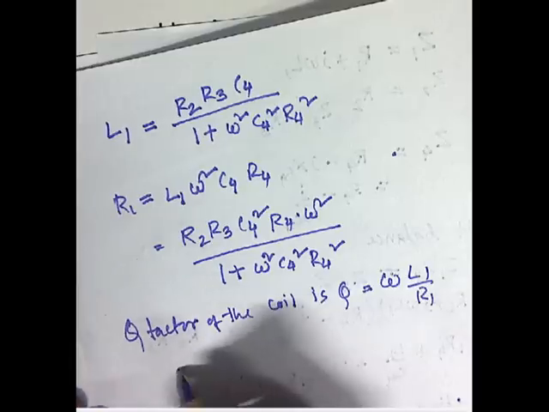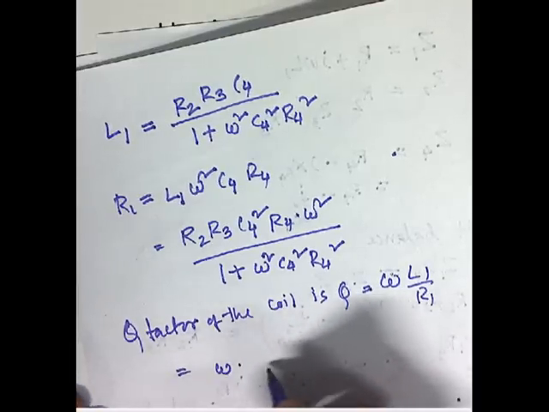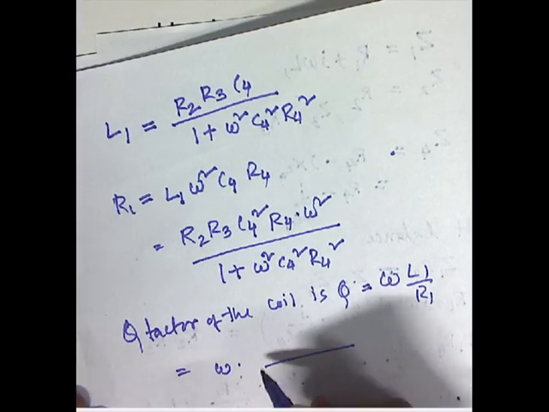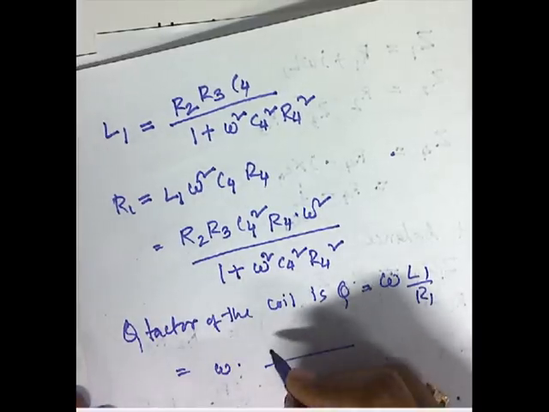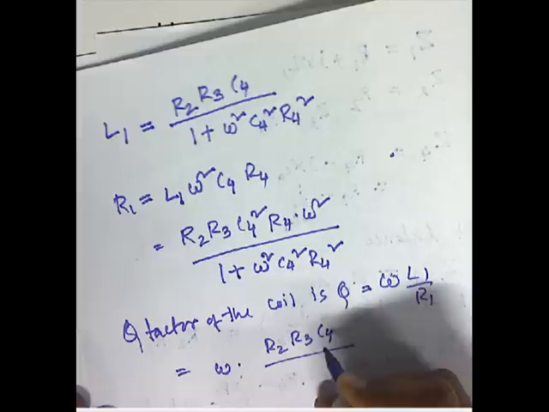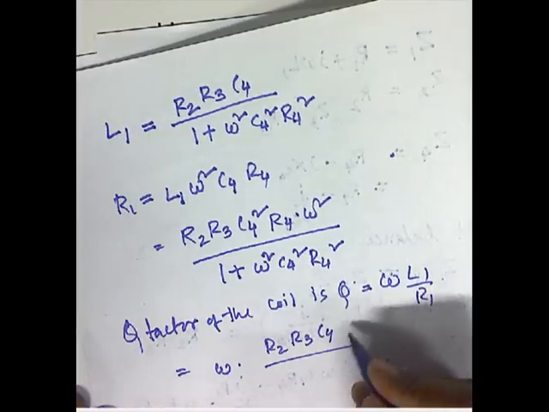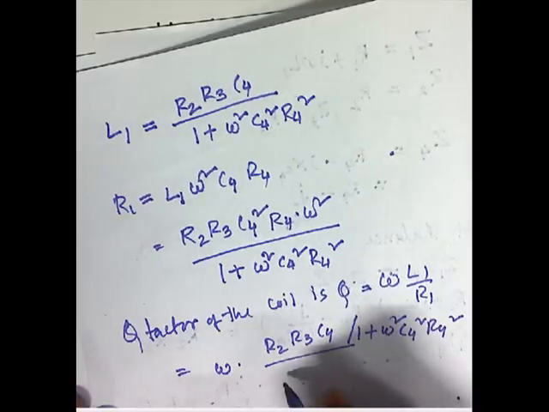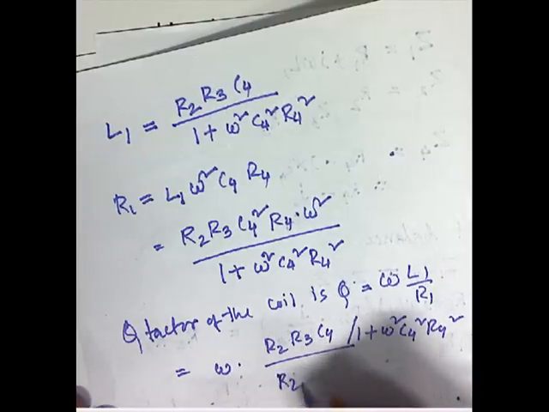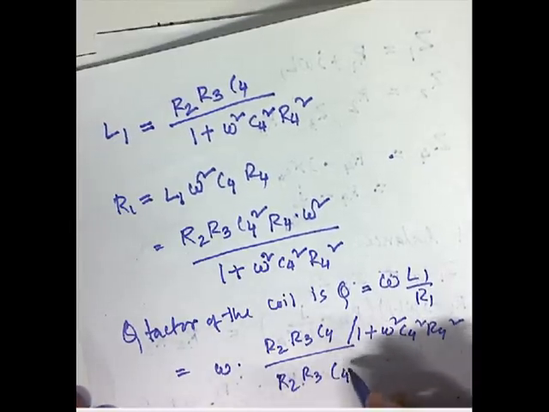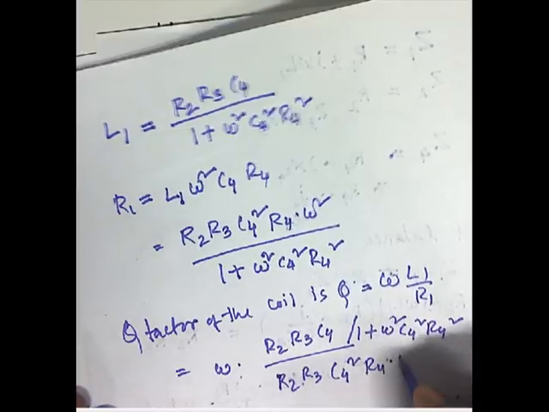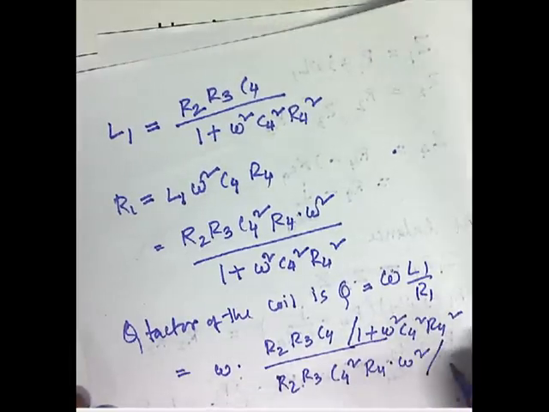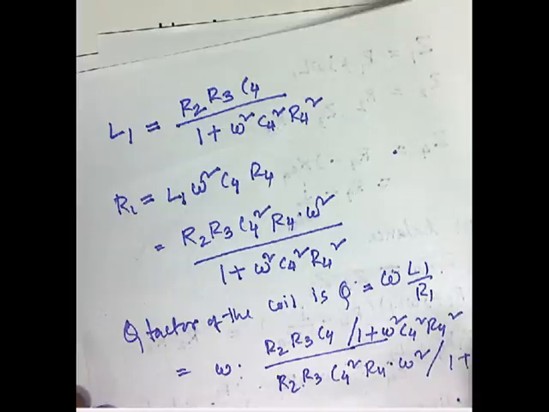Now this is equal to omega into this L1 by this R1, that is R2 R3 C4 by 1 plus omega square C4 square R4 square, divided by R2 R3 C4 square R4 into omega square by 1 plus omega square C4 square R4 square.